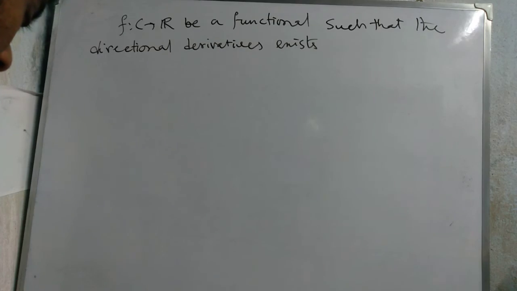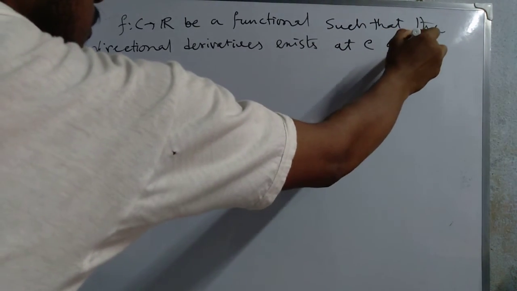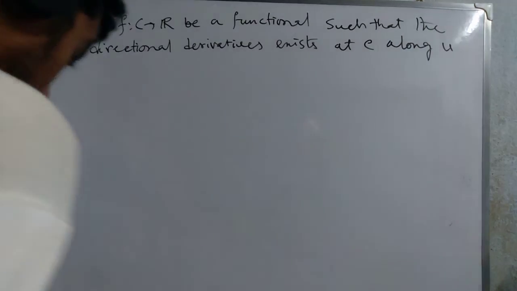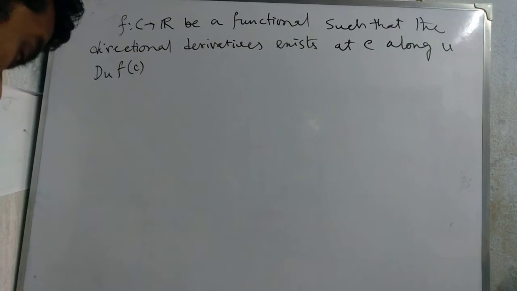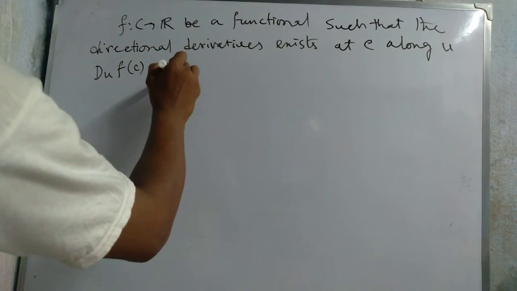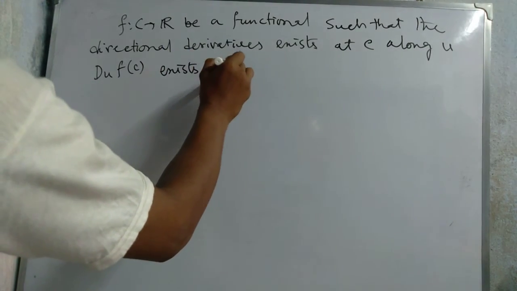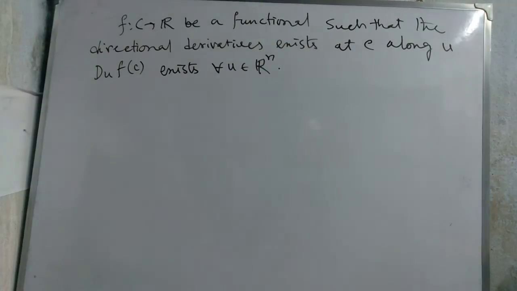Directional derivative exists at c along u. Then D_u f(c) exists for all u belonging to R^n.